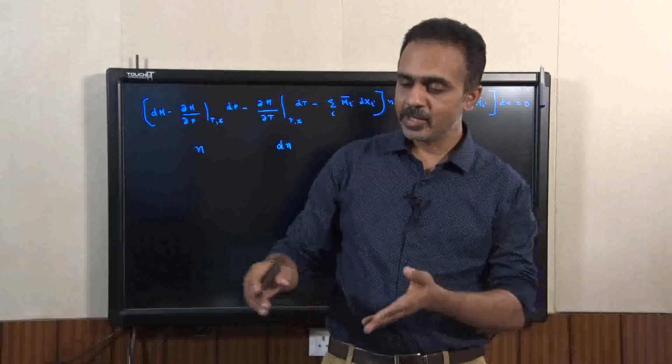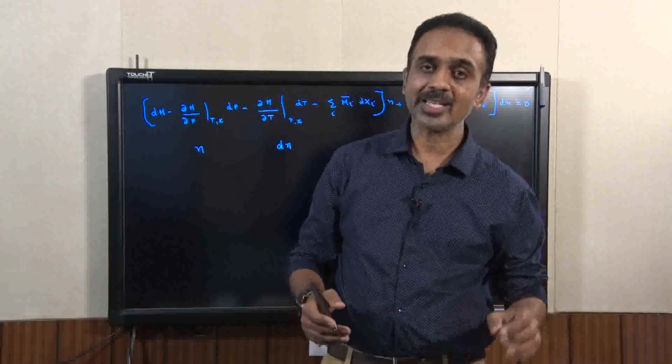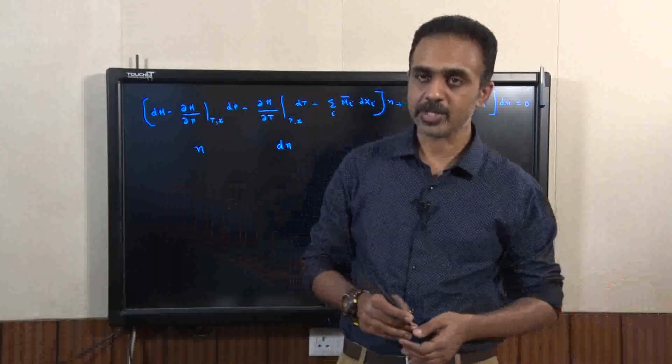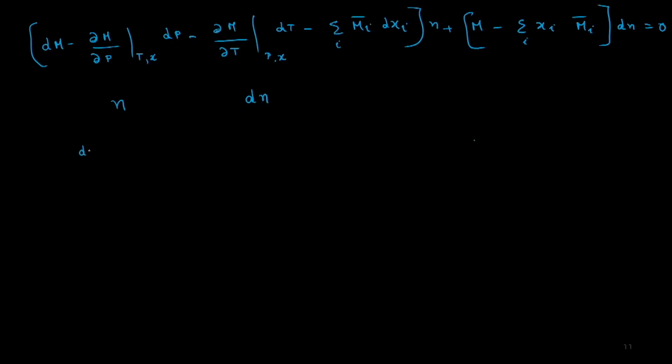The only way this equation will be applicable for all scenarios is if each of the terms inside the parentheses goes to 0. And if that happens, the first term is an equation which we already know.